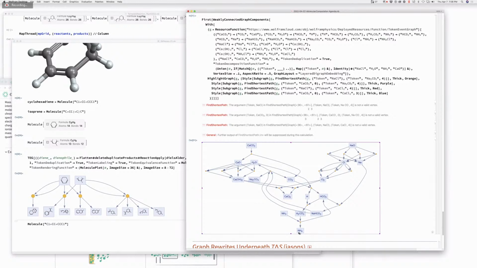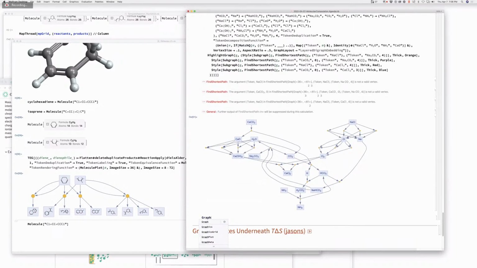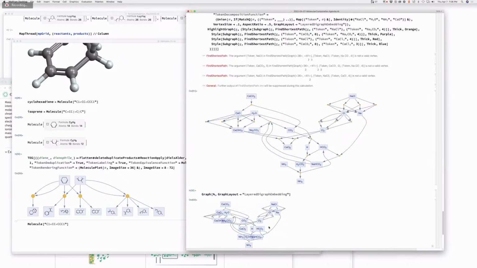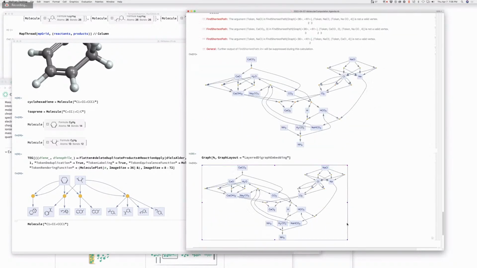Look at the arrows, the arrows are going up. Graph layout goes to layered digraph embedding. Nope, that's still giving the same thing.